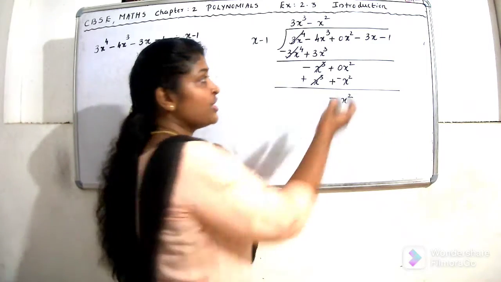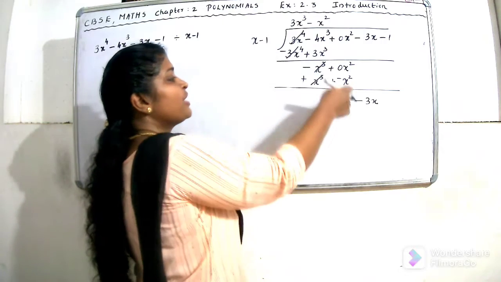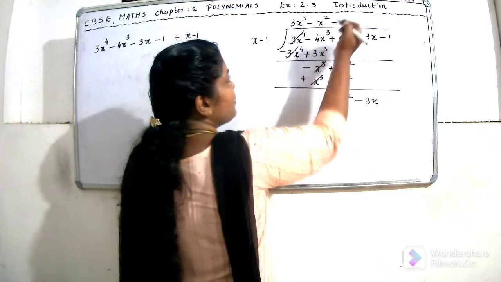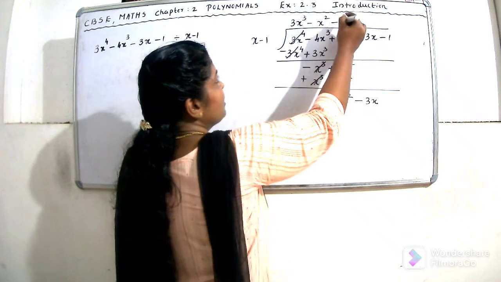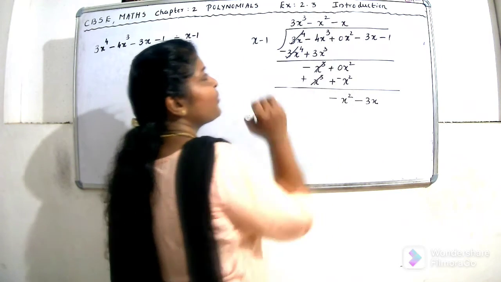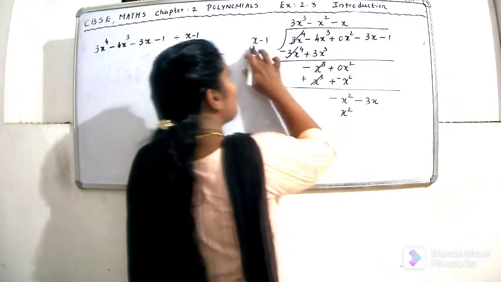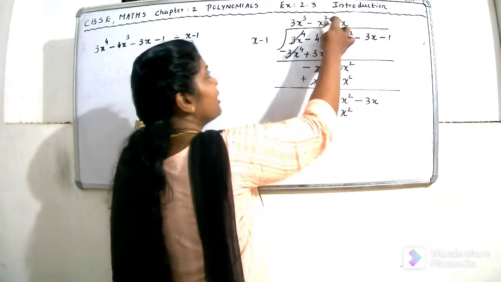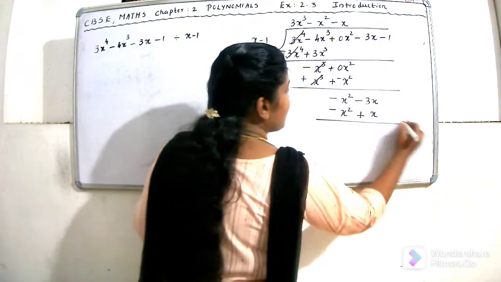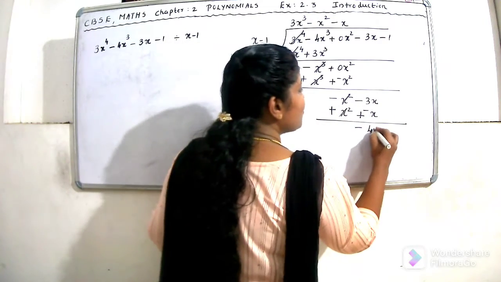Now give the chance to the next number, that is minus 3x. Next we think what gives negative x square. Here 1x is already there, we need negative also, so we take negative x. So x into x square is positive, and negative into negative is positive x. Signs are changed, these two are eliminated, here we get negative 4x.